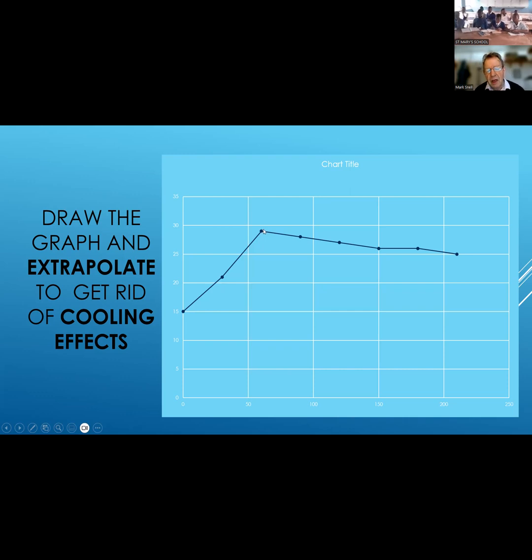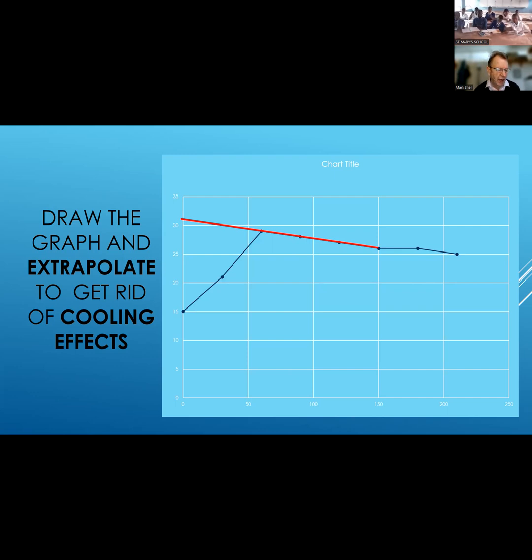But this line down here, going down from the 29 off to the right, is the speed at which it is cooling. And that rate of cooling we can use to our advantage. So what we do is this. We draw a line backwards like this.